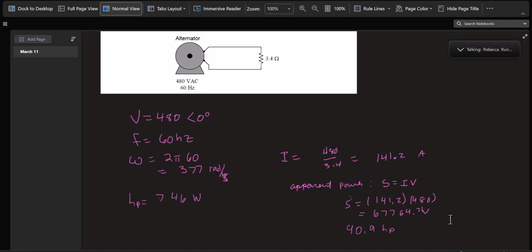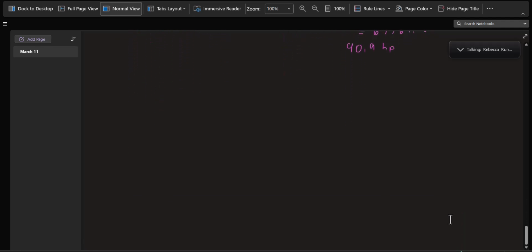And now we've got an inductor instead of a resistor. So I've got the same setup, but now I've got a 9.02 millihenry inductor. So my voltage is still 480 angle 0. What is my impedance here?